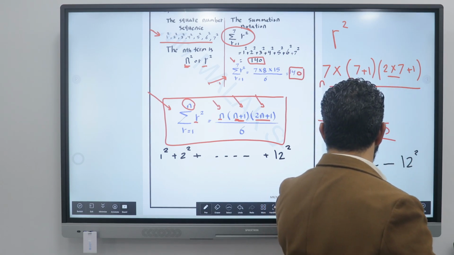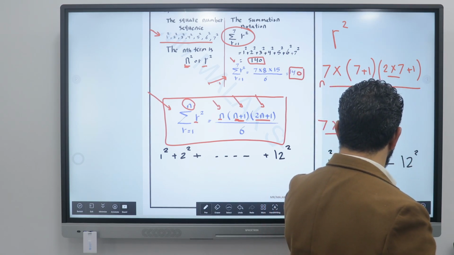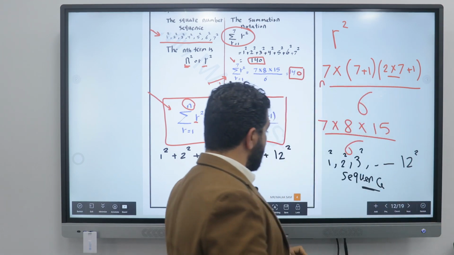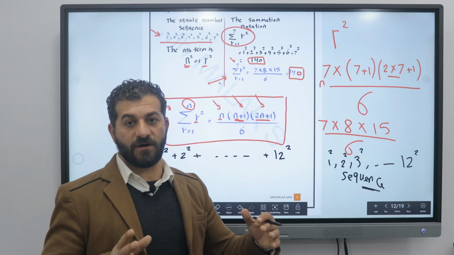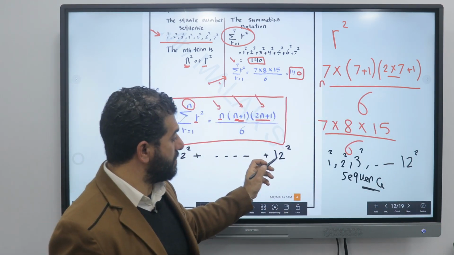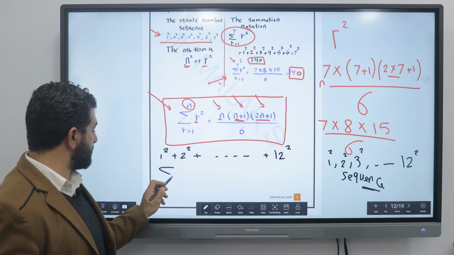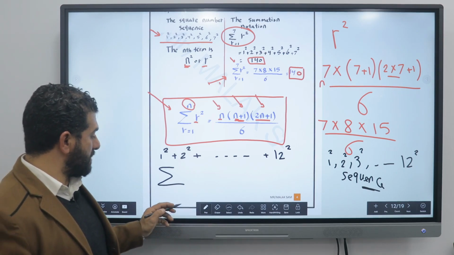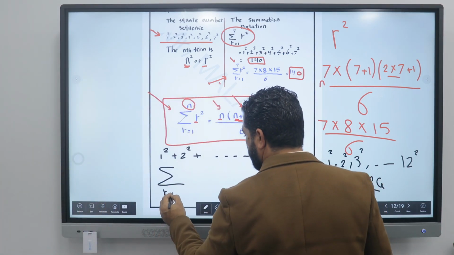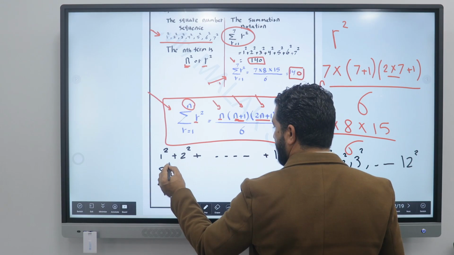Be careful, this is the sequence. And as I said, instead of asking about the sum of all these terms, we can use this notation, which is summation. The summation of r from 1 to n.